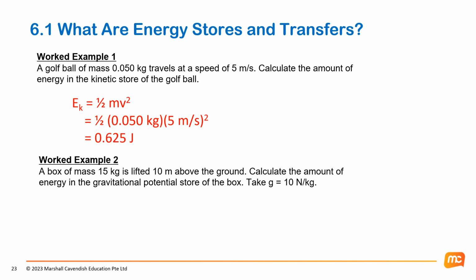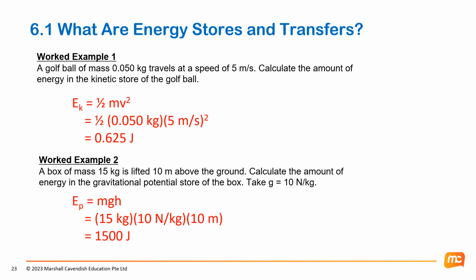Pretty straightforward. Now, for worked example 2, same thing. We've got a box of mass 15 kilograms lifted 10 meters above the ground. To find our gravitational potential store, we just use the formula Ep equals mgh.